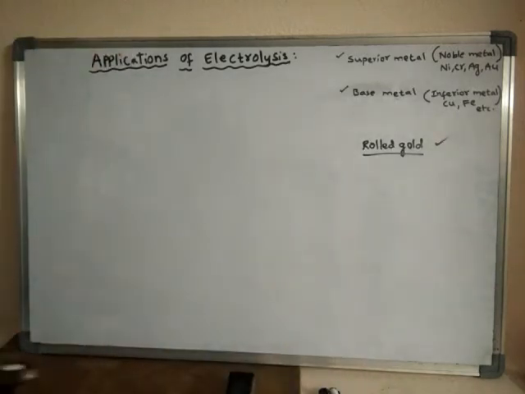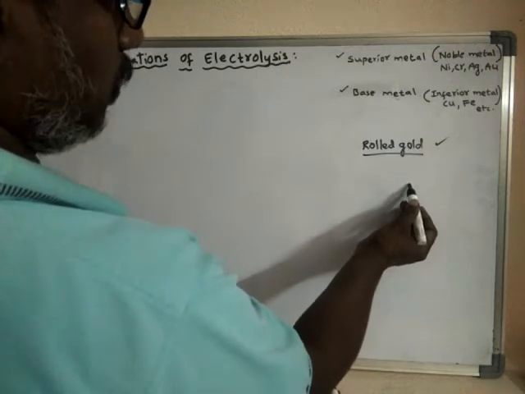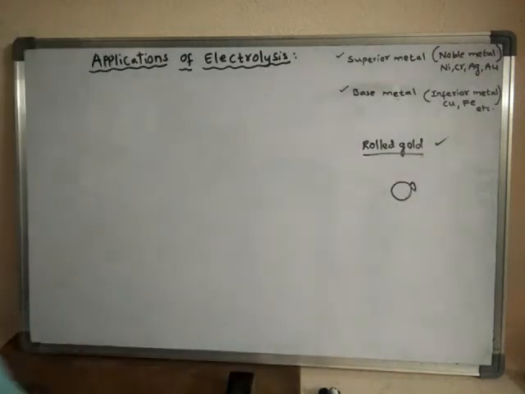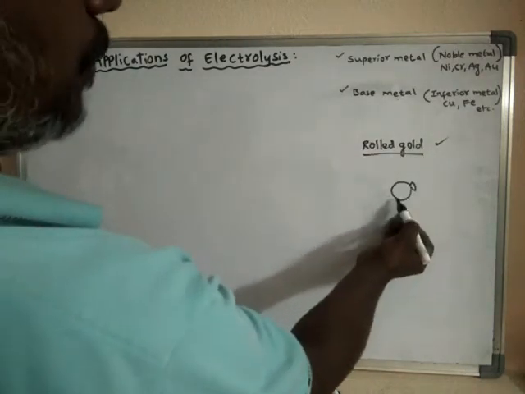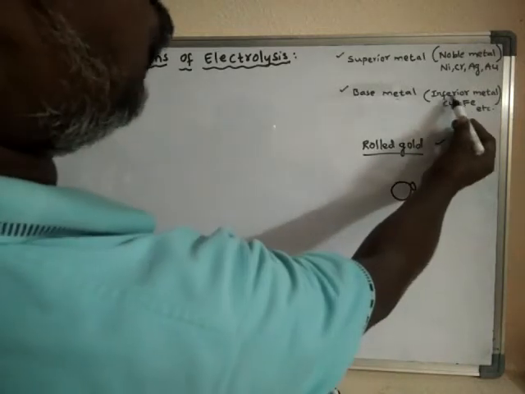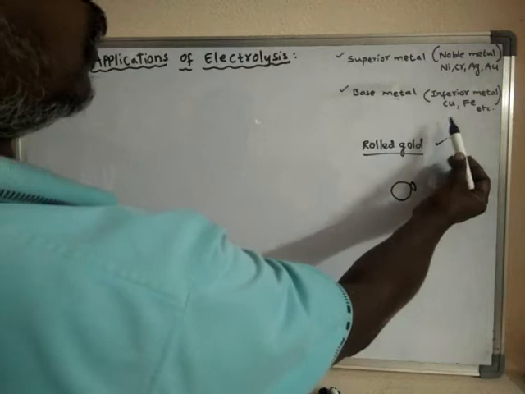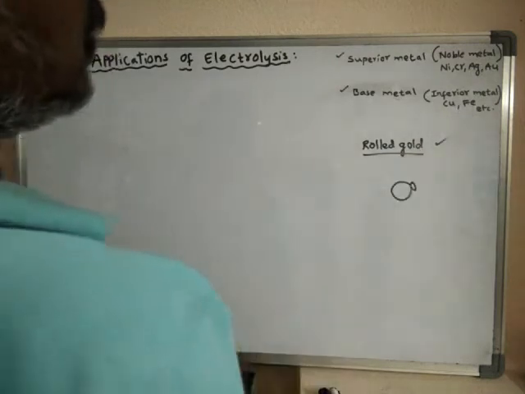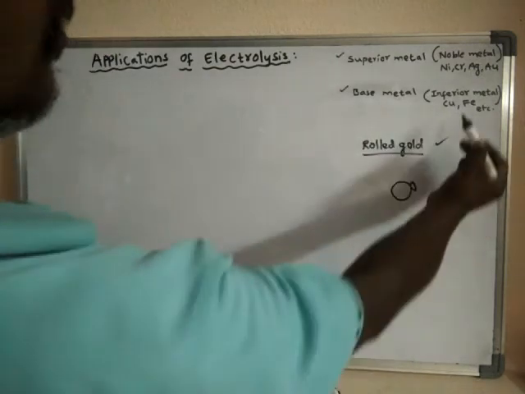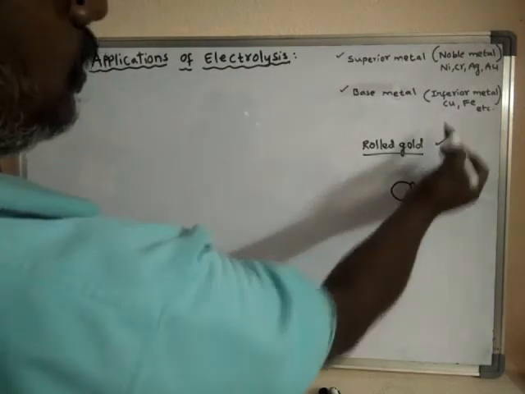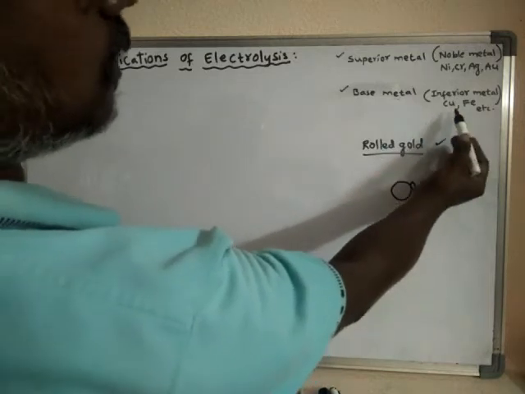For example, if there is a rolled gold ring, originally it is made up of copper or iron or some other metals. These metals are called inferior metals, or base metals, because they are cheaper. Base metal means copper or iron.